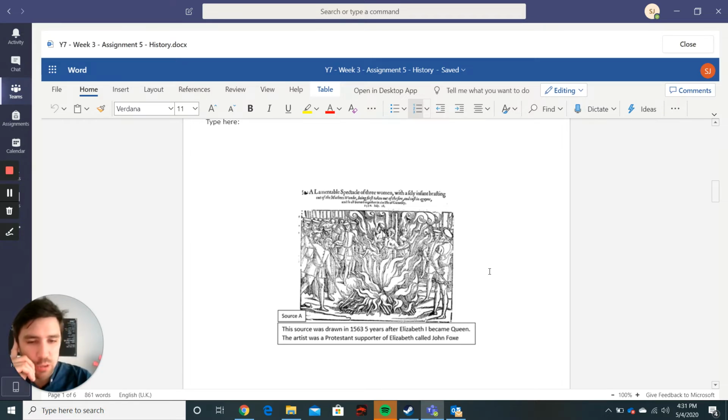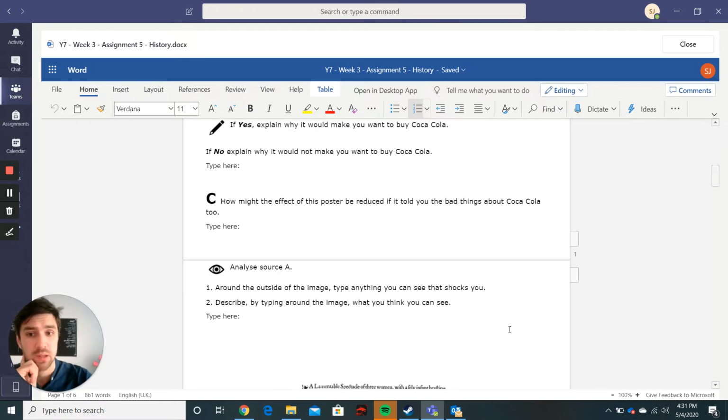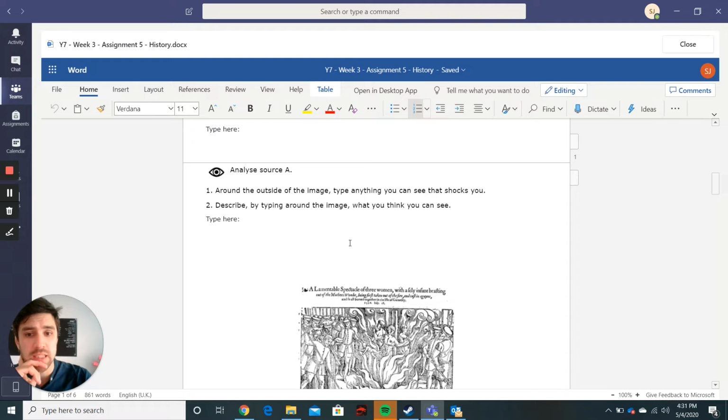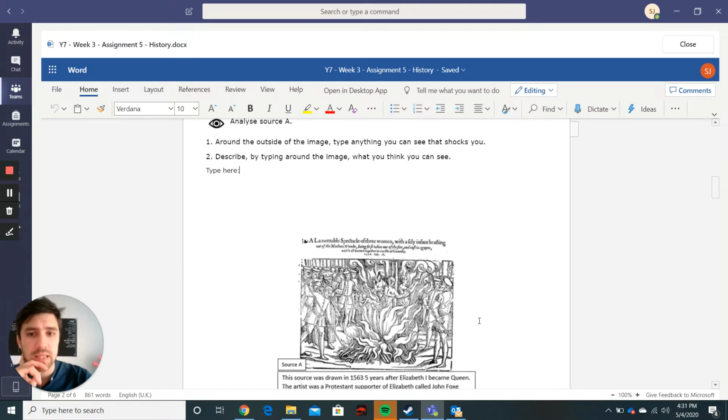What I need you to do is look at this picture made when Elizabeth I is queen. And it tells you that the artist was a Protestant supporter of Elizabeth called John Fox. So he's a Protestant, not a Catholic, and he supports Elizabeth. What I need you to do is analyze this image, and around the outside, you're going to type anything that you see that shocks you.